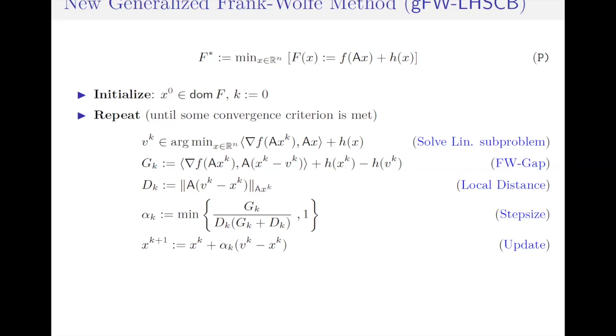And after computing the step size, the algorithm proceeds by finding the next iterate by doing something like this. So this vk minus xk is really the search direction. Basically we have some xk here, and then we have a vk we compute. And then vk minus xk is the search direction. We multiply this direction by alpha k, which is the step size, and then we get the next iterate.